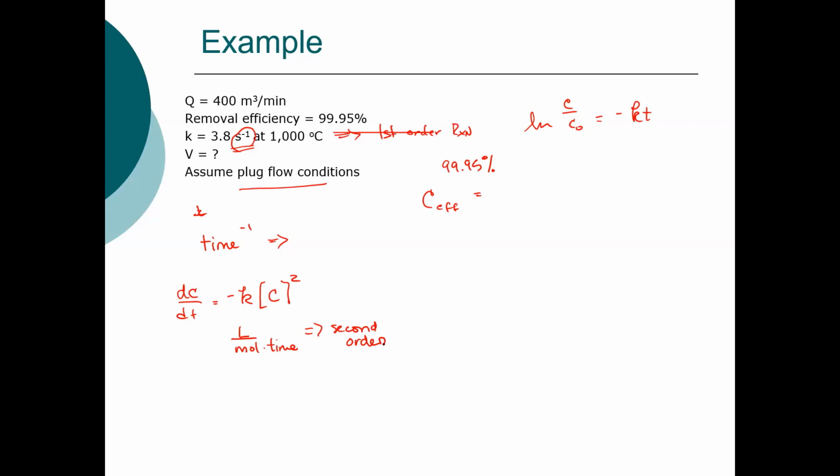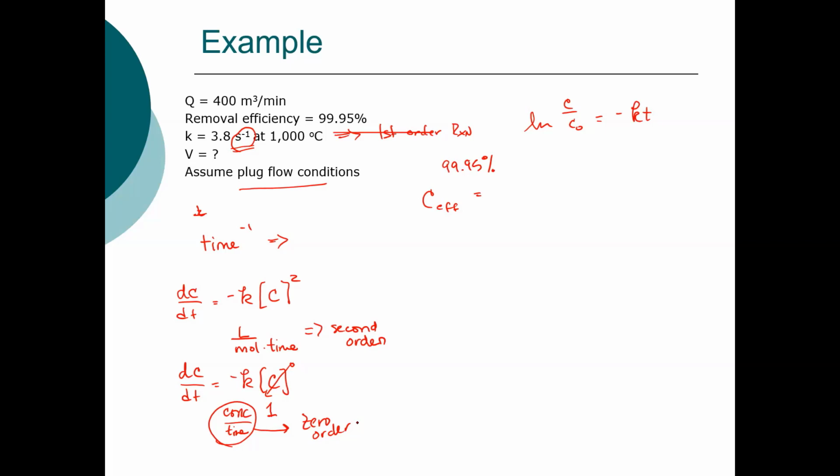If it's zero order, then dC/dt is equal to minus K, and I'll write that C0. C0 is 1. So now it's going to be concentration per time as our units. So if we have concentration per time, it's zero order. So by looking at the units on your rate constant, it tells you whether it's zero, first, or second order. It's a really good question. Does that help? Awesome.